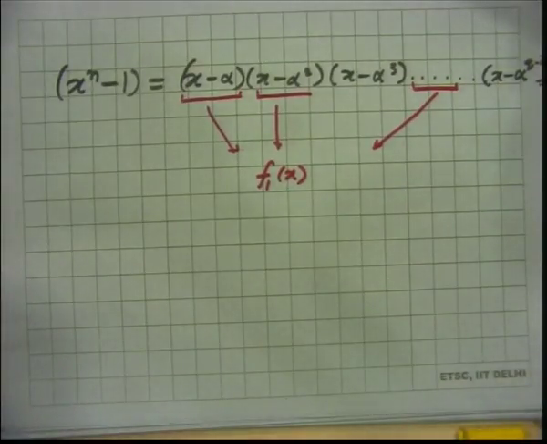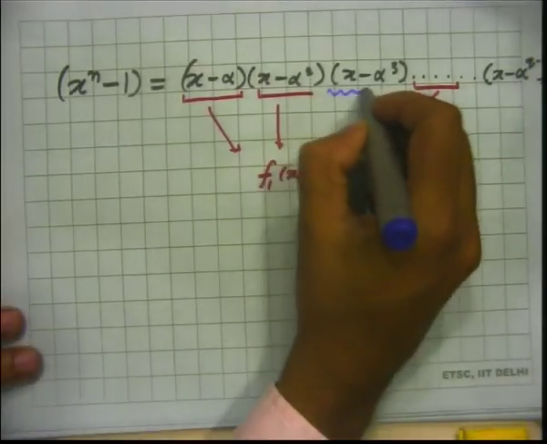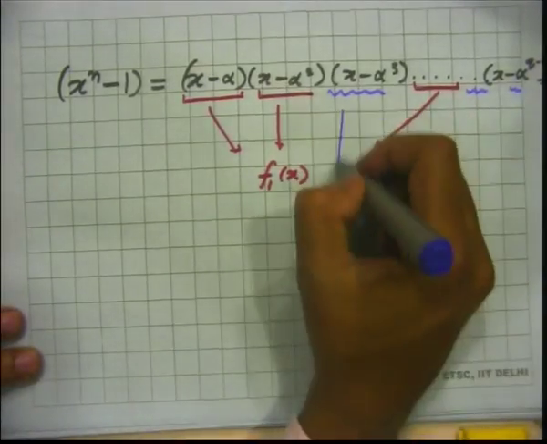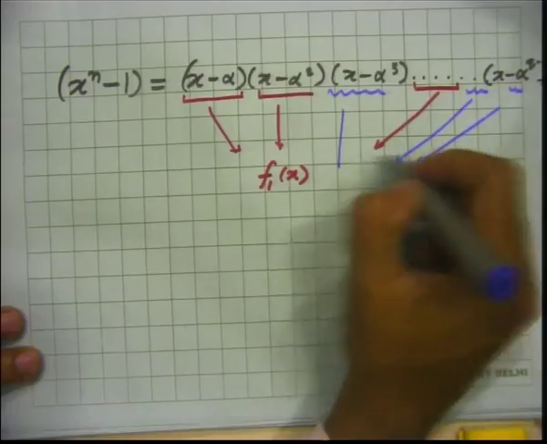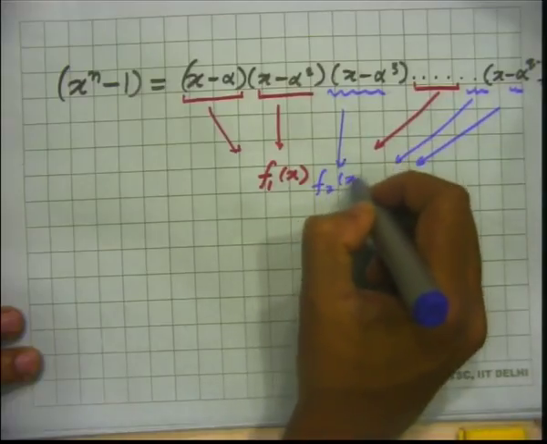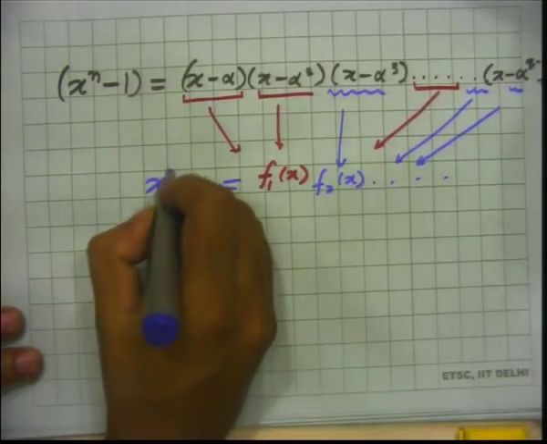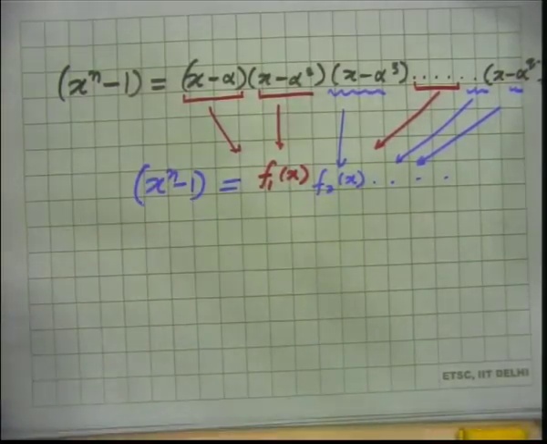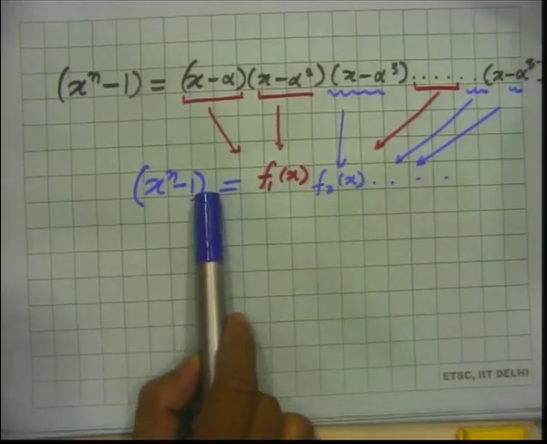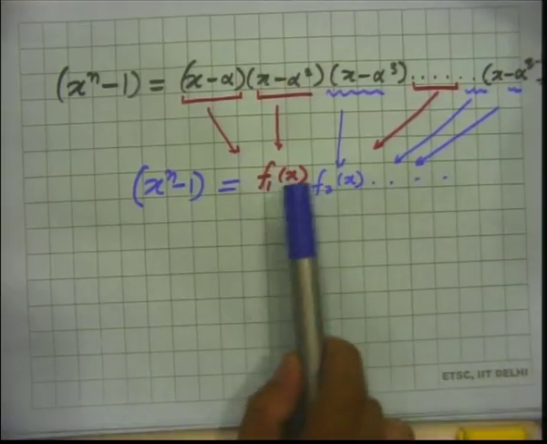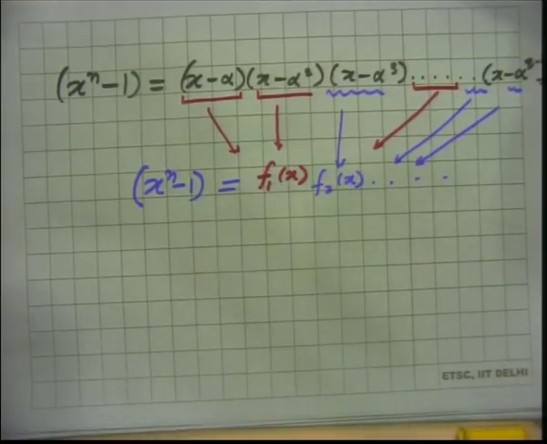If you take some other ones here and multiply them, you get f2(x), and so on, and they are still equal to x raised to n minus 1. So, in fact, we are factorizing the left hand side elegantly using all the coefficients from the base field.